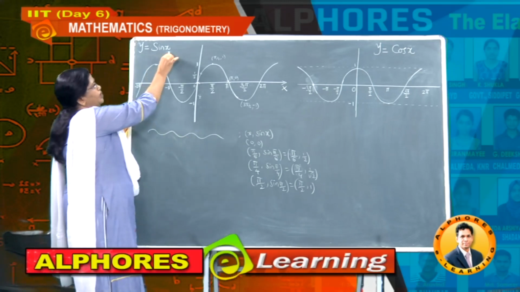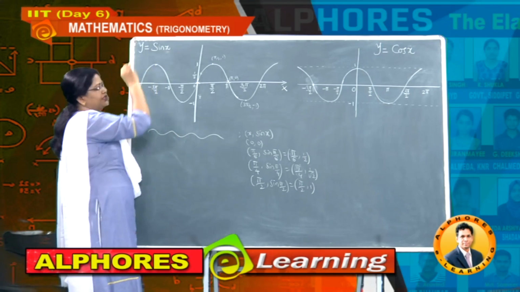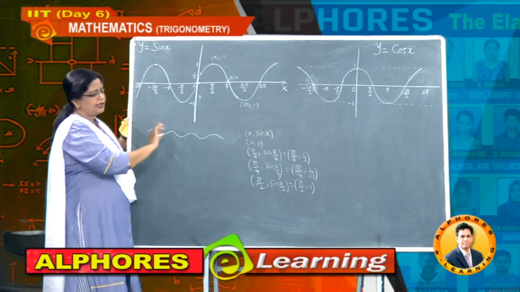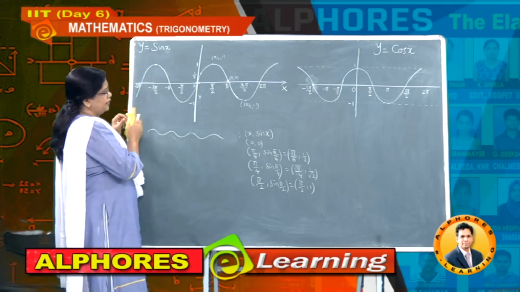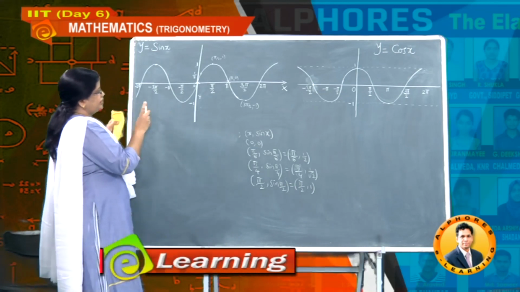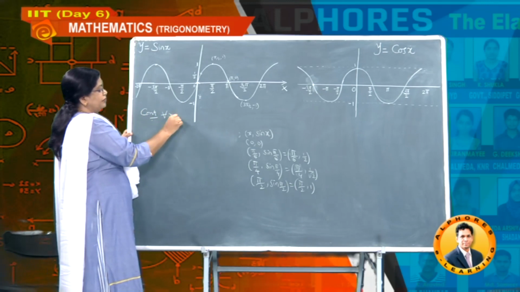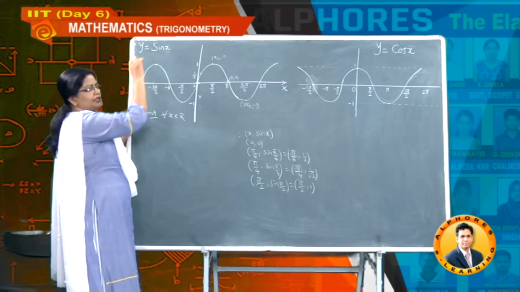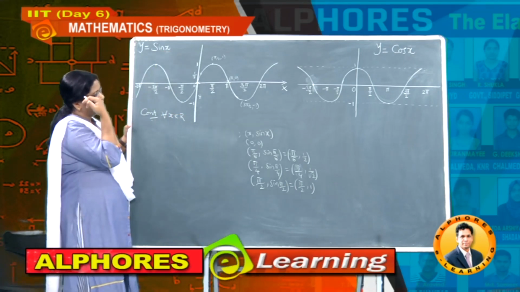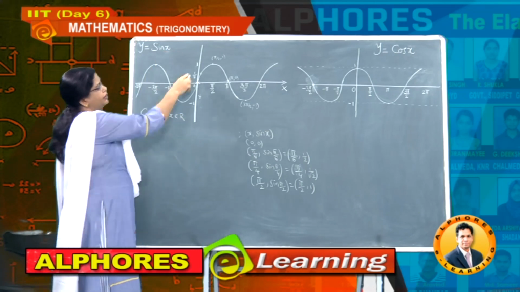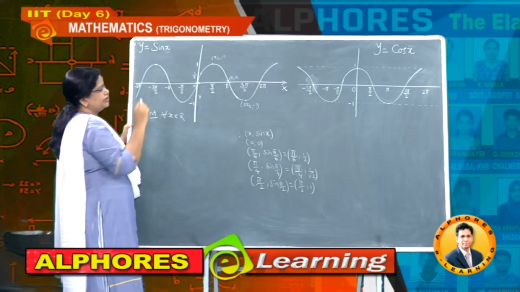So the sine function for all x belongs to R is continuous, no gaps at all. So the first observation is that it is continuous for all x belongs to R, for every real number whatever it is taking.